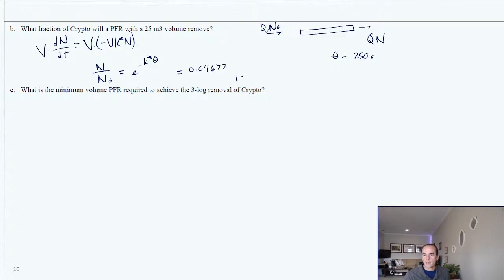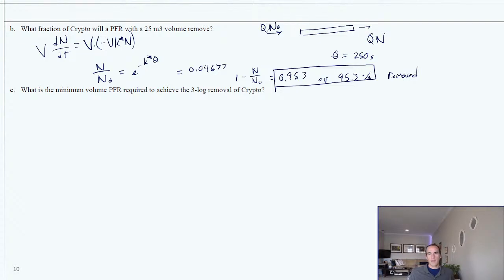So then 1 minus N over N naught to get our real answer would be 0.953, or you can write that as 95.3% removal. Or that much removed. Okay, so we can see we are getting close to our 3 log removal, but we are actually not even quite at a 2 log removal, which would be 99%.